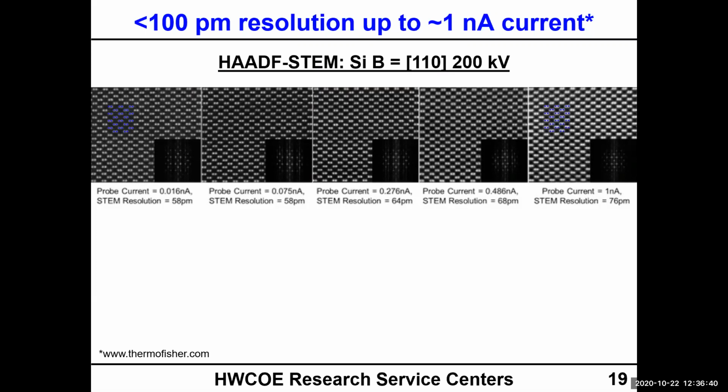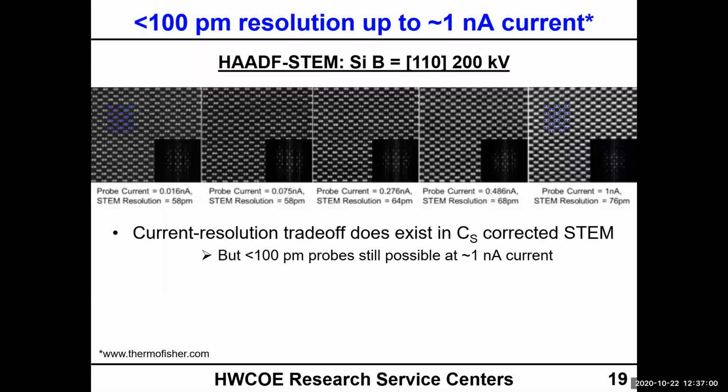You can clearly see that on the left, where my current is lower, the separation between the atoms is better. So the detail in the image is better at lower current, but I can still get really detailed images even at a very high current. A nanoamp of current is very high for a STEM probe.